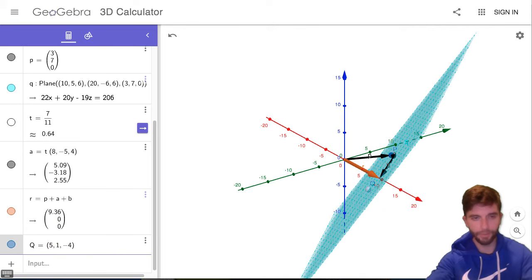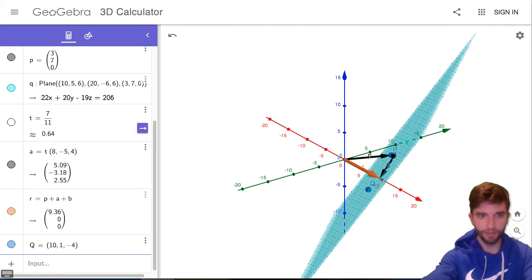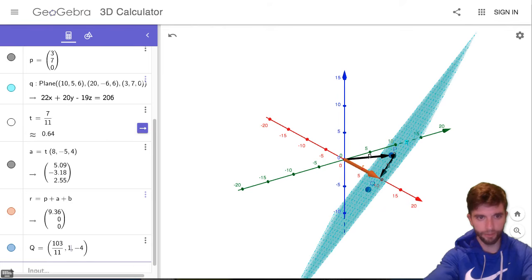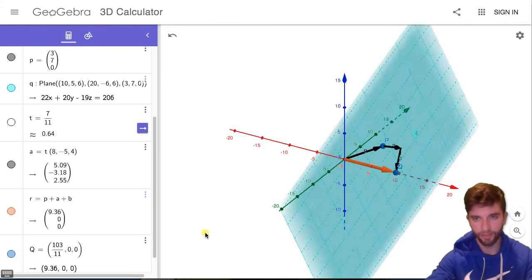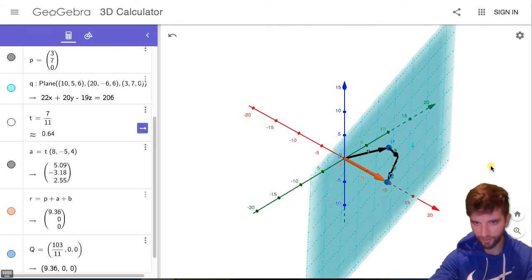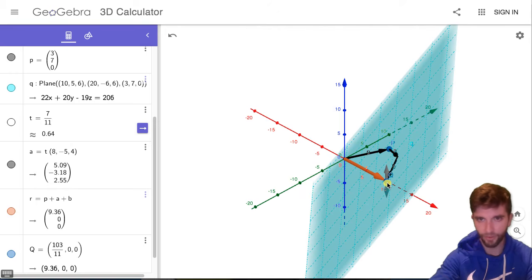Let me just show you that 9.36 is the approximate value of 103 over 11, by plotting the point 103 over 11, 0, 0. Notice, yes, that point is the point we found. It is on the x-axis, so it's an x-intercept. That point has an x-coordinate of 103 over 11, a y-coordinate of 0, a z-coordinate of 0.